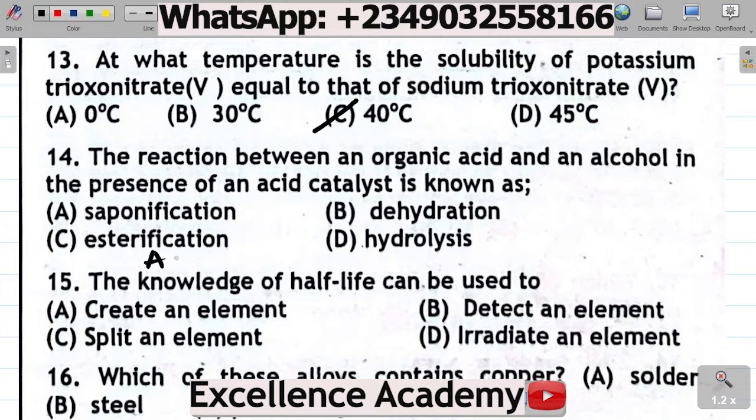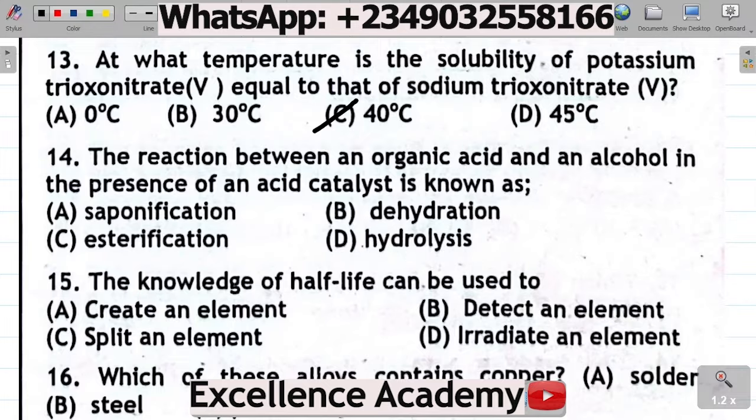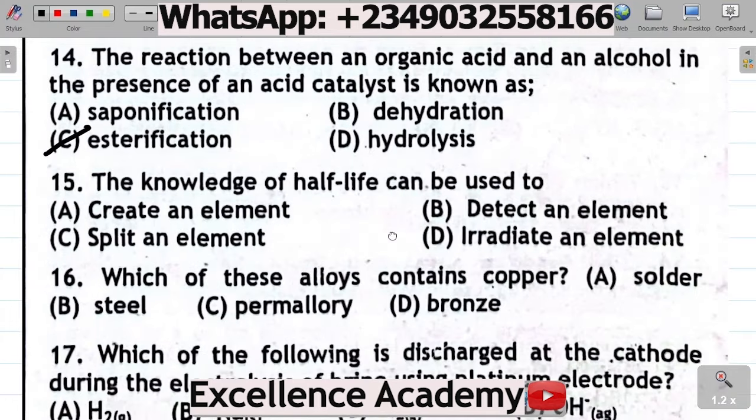So we have acid plus, they said, plus alcohol. When you combine an acid and an alcohol, what will be formed is simply something called an ester plus water. And this whole process is called esterification. So in essence, the correct answer there is C, esterification. That is your answer. All right, moving on.